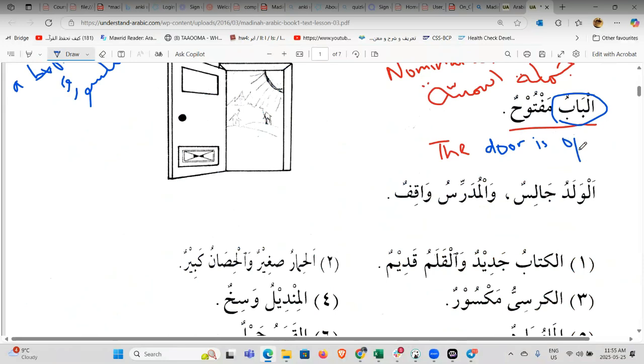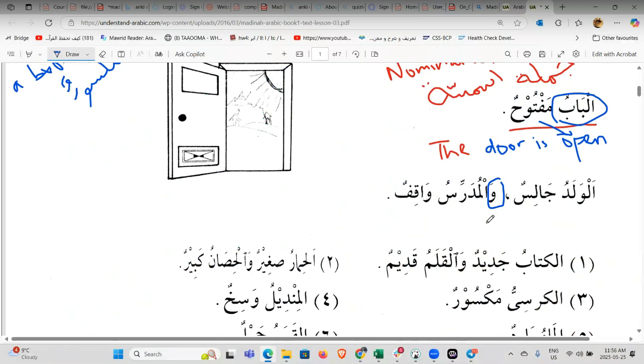And open is maftuh, this one. Maftuh, open.